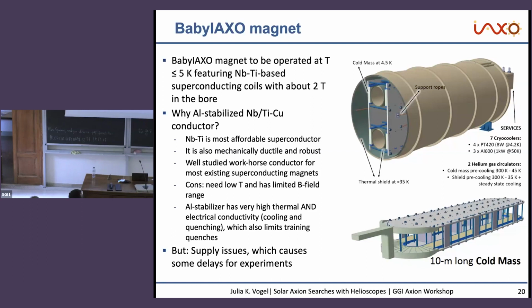Also, the combination of these two reduces quenches in general. So we will have fewer, and if we have one, it will not be as damaging, or it's not likely to destroy our magnet, our setup. As I mentioned, there are some supply issues, but BabyIAXO is not the only experiment needing these. So CERN is working towards solving that, and they have a plan to revive this aluminum stabilization technology, which is known.